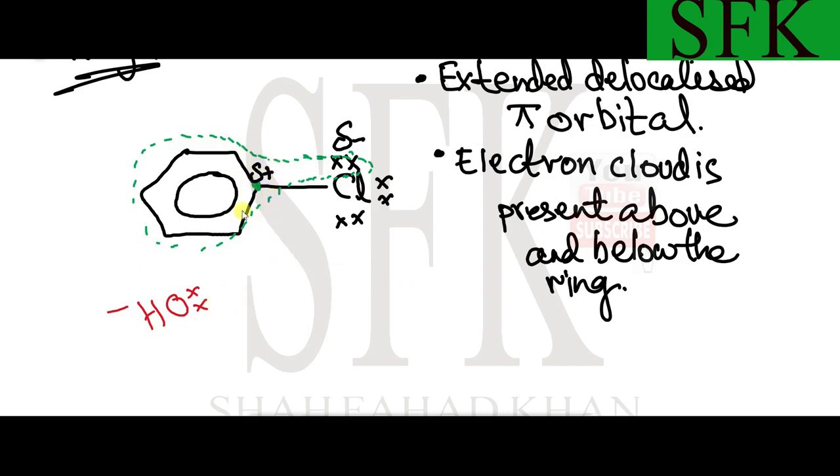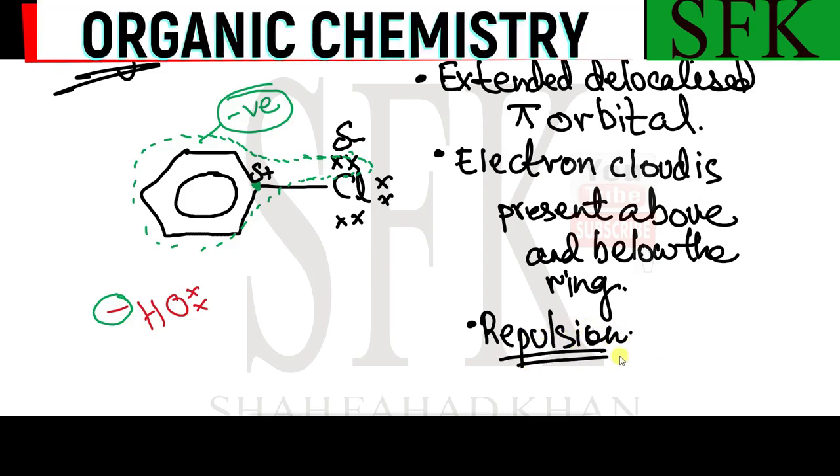When the nucleophile tries to approach this carbon atom, since the nucleophile has a negative charge and this electron density is also negatively charged, the electron density will repel the OH negative. So the repulsion between the electron density and the nucleophile prevents the nucleophile from approaching the partially positively charged carbon atom.